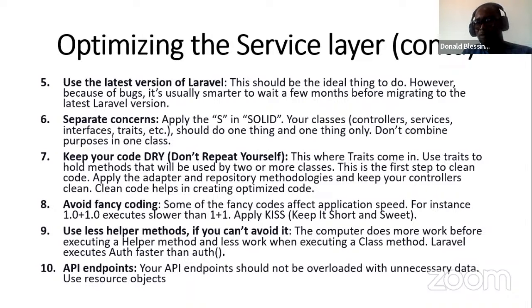Number 10, this goes for us back-end developers. Your API endpoint should not be overloaded with unnecessary data. Use resource objects. Know the type of API you are developing. For instance, we are using Zoom. Zoom uses a lot of APIs.